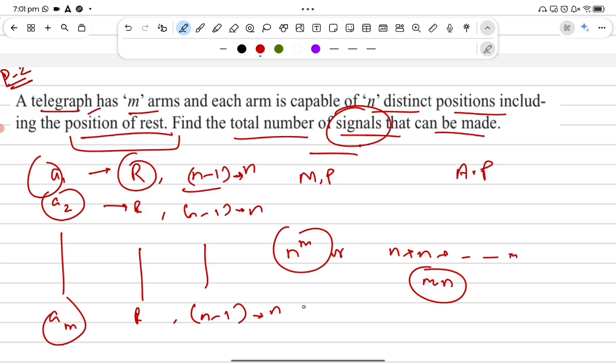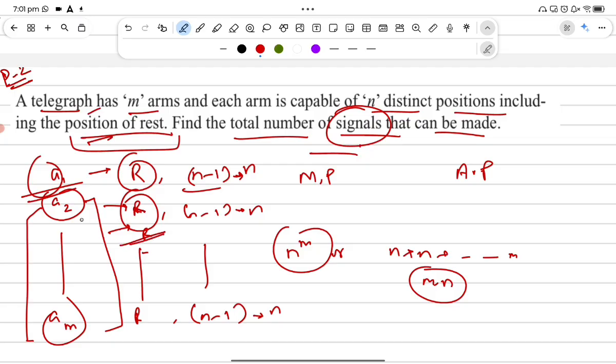Ask yourself, what do you mean when you're saying that even one arm choosing a position is sufficient? You're saying that you're okay with the remaining arms choosing the position rest, right? Rest is being counted as a choice here as per the question.